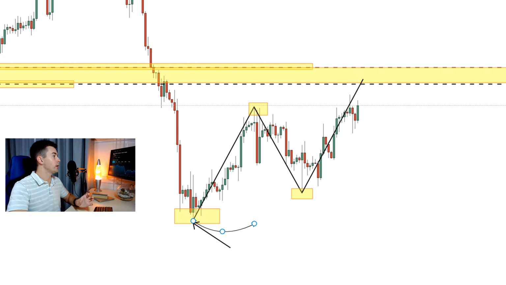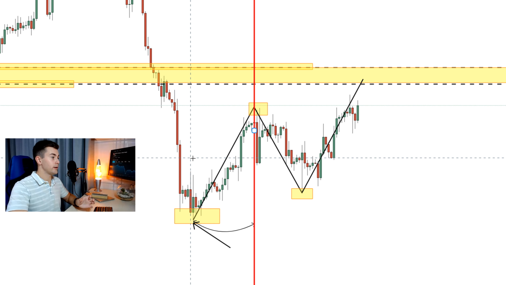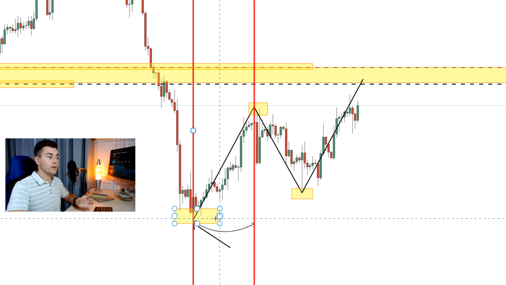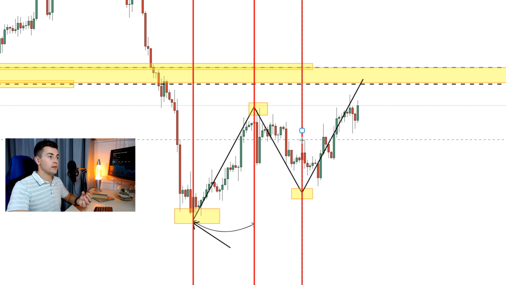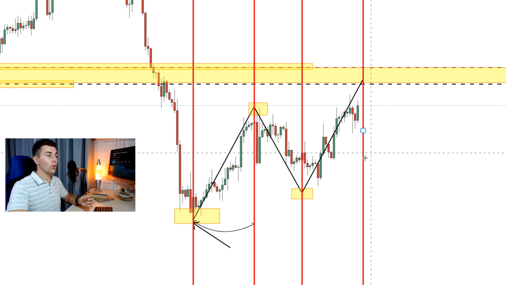And if we draw the line right here like that, just pay attention to that. Here our impulse finished, and here it started. So here is our time horizon. Now, if we analyze how the market trades during the second impulse, you can see that the time horizon here is almost equal.